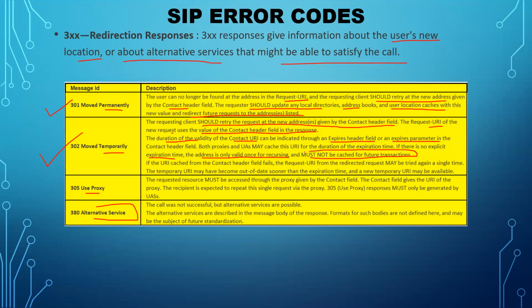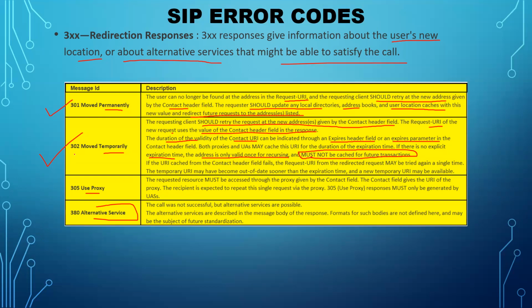Can you see the difference between temporary and permanent? In the permanent one, the user location cache is updated with the new value in the local directories, right? But in the moved temporarily message, it should not be cached for future transactions.